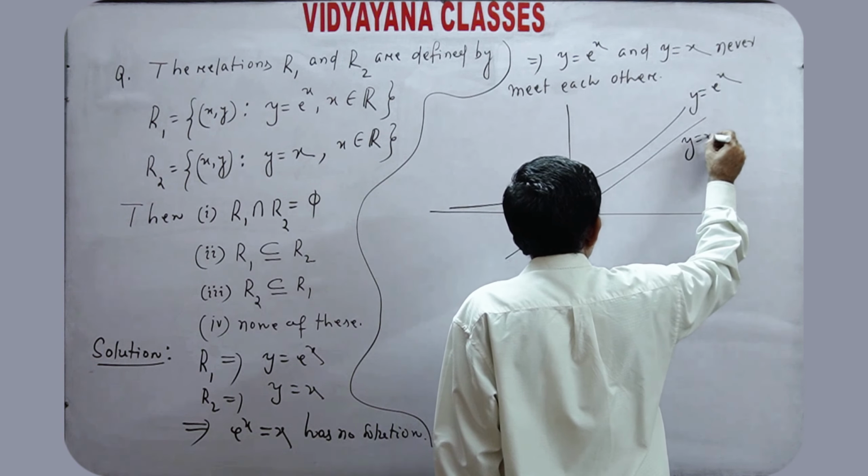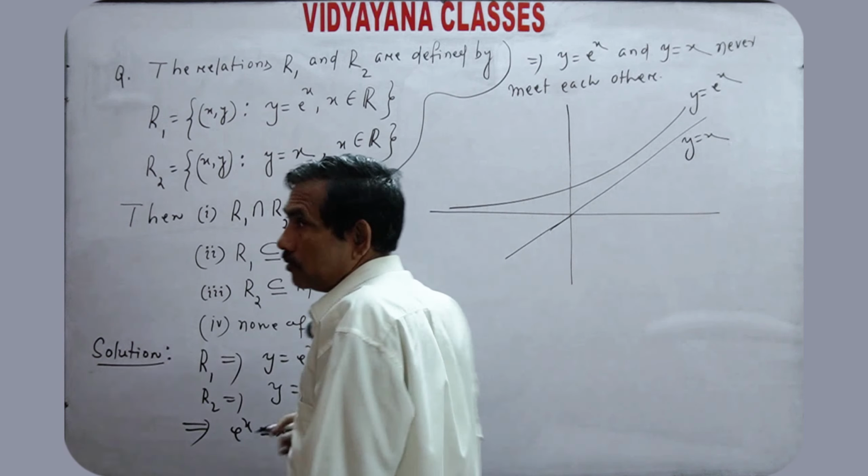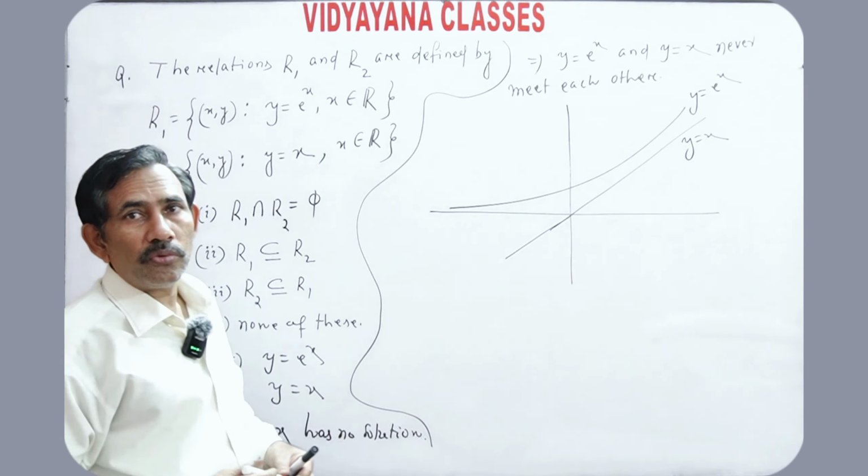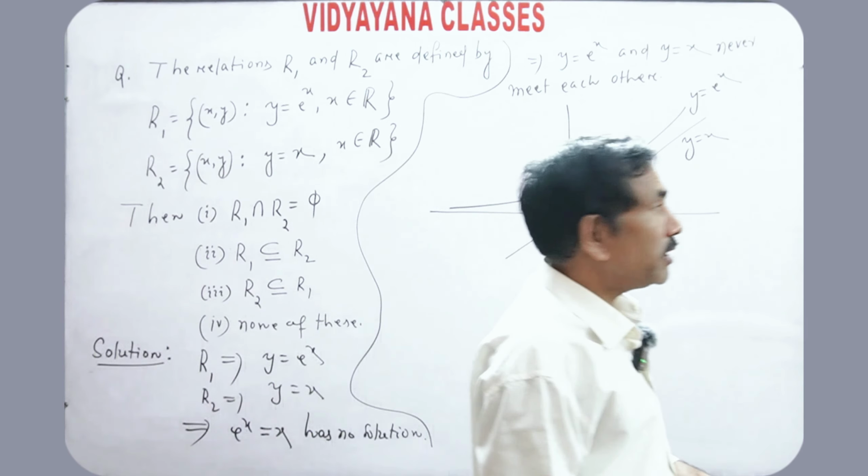There is no common point for both curves. That means the two curves never intersect each other.